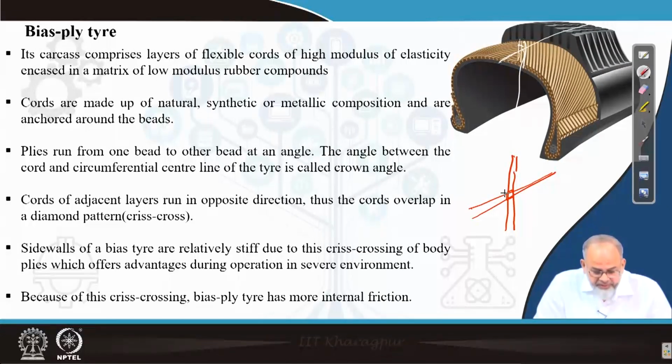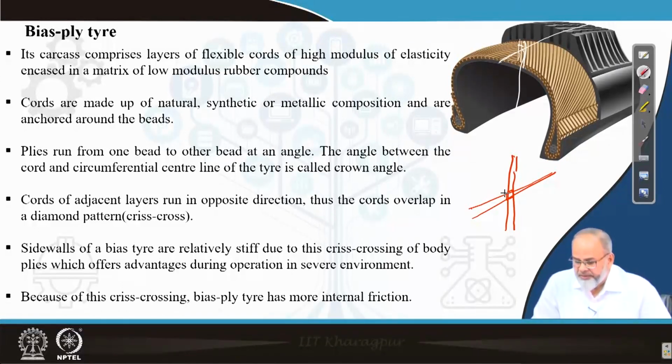Because of that, during operation, when there is a load, there will be deflection of the tire, and this diamond shaped portion gets deflected and elongated. That creates a kind of action where there will be wiping between tread and the road, resulting in a good amount of rolling resistance.